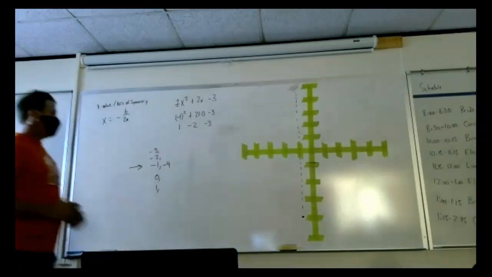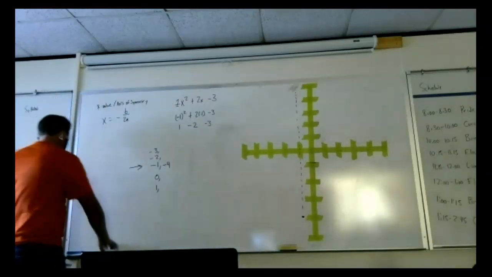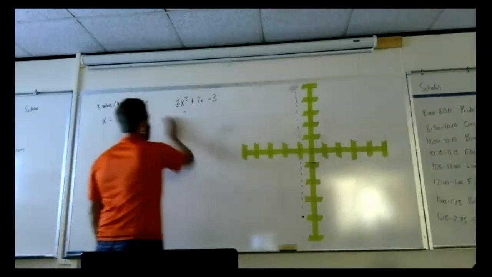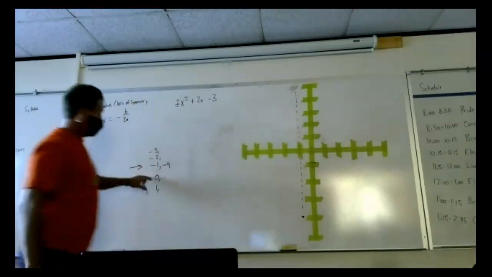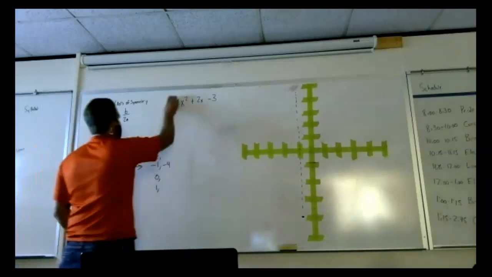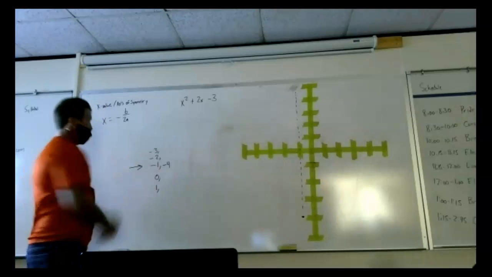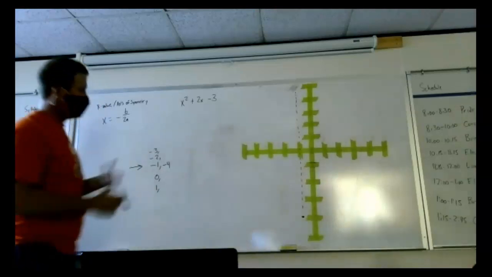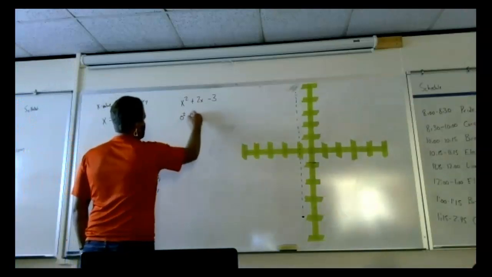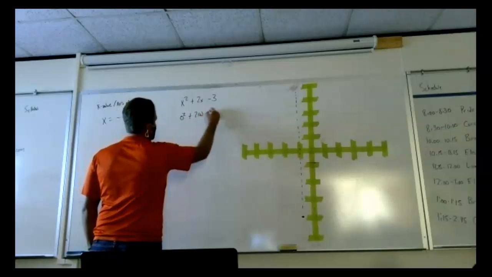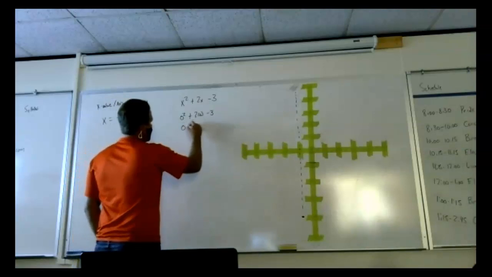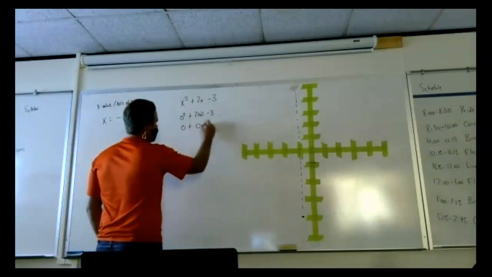And here's what I was talking about, being able to do half of the work using the axis of symmetry. The next easiest point to plug in is 0, my y-intercept, because it's going to cancel everything out and my constant's going to be left as the y-intercept. So I'm going to plug in 0 first. I get 0 squared, then plus 2 times 0, then minus 3. 0 squared is 0. 2 times 0 is 0, minus 3.